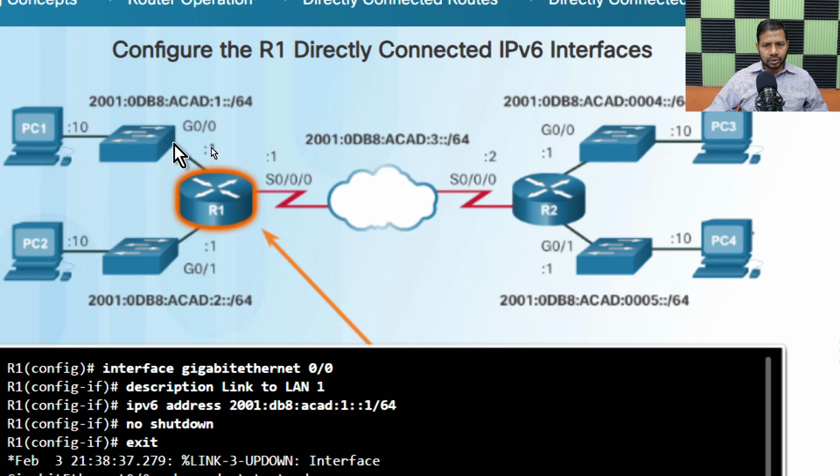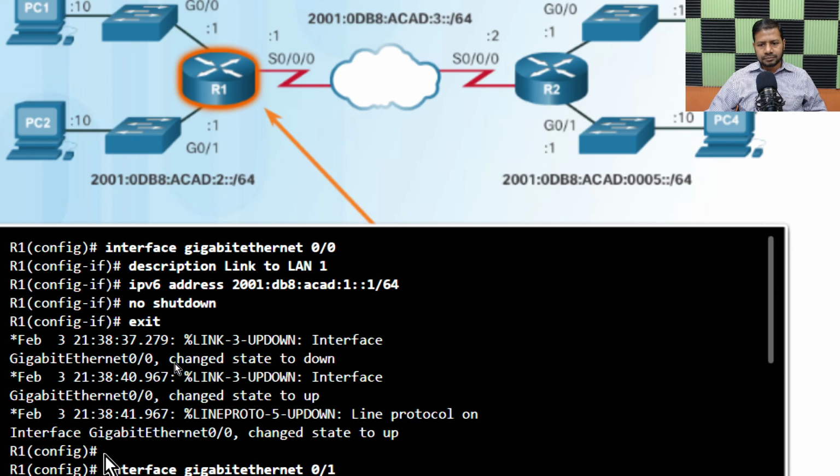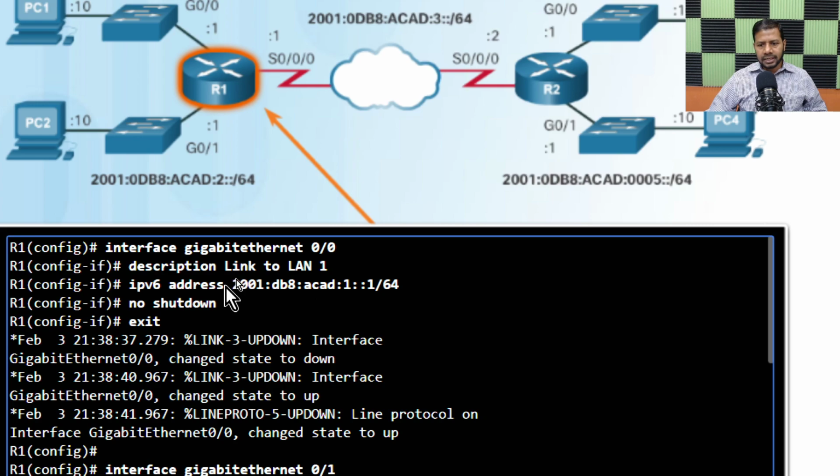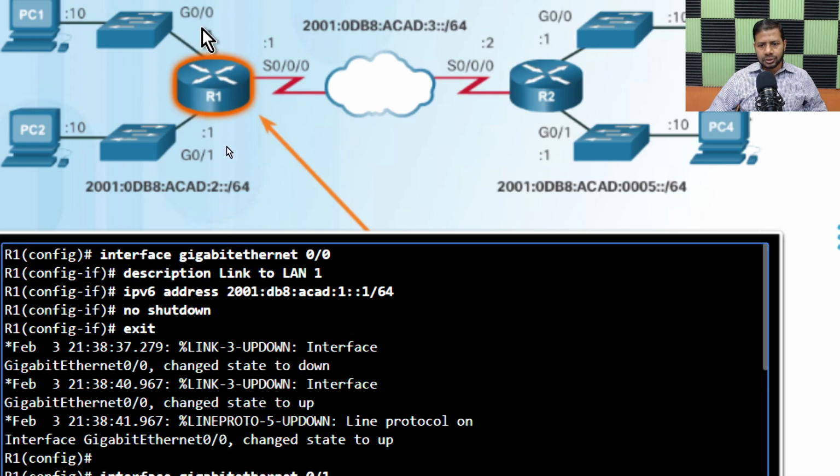So that whole network is connected to where? To this gigabit 0/0 interface. And at the end it will be 1. One more 1 in here, right? So right here, that is the address for this gigabit 0/0, all the way 1 and then 1.